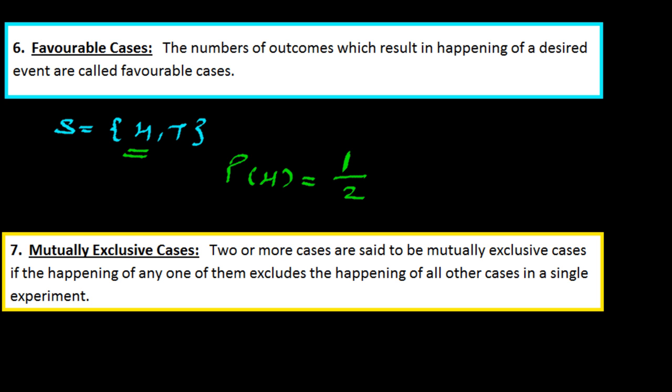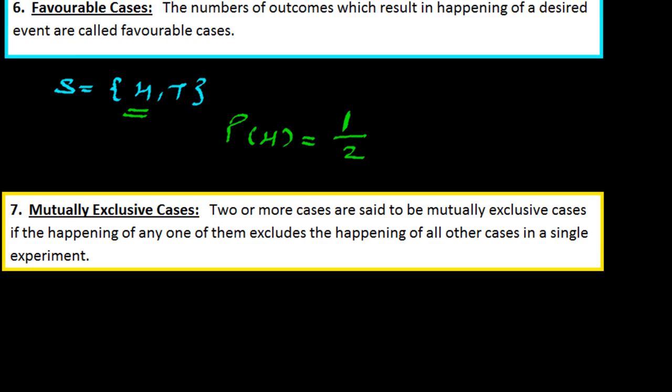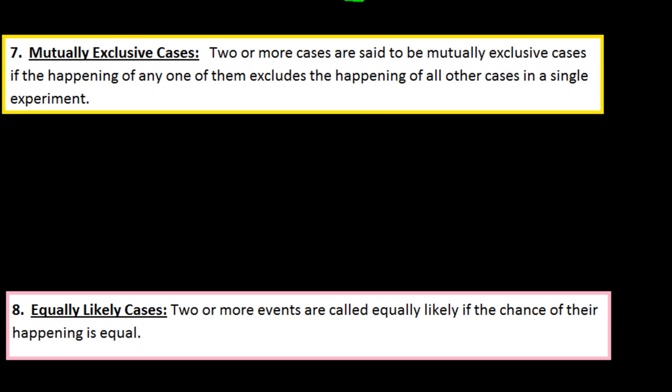Now the mutually exclusive cases. Two or more cases are said to be mutually exclusive if the happening of any one of them excludes the happening of the other cases in a single experiment. If we are throwing a dice and want to know the probability of getting an even number, we have even numbers 2, 4, 6.